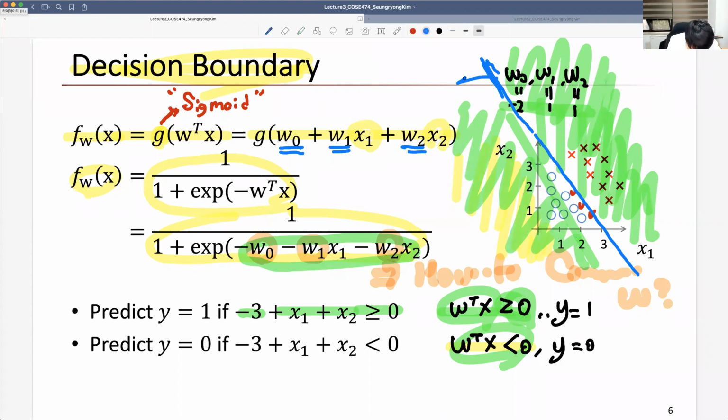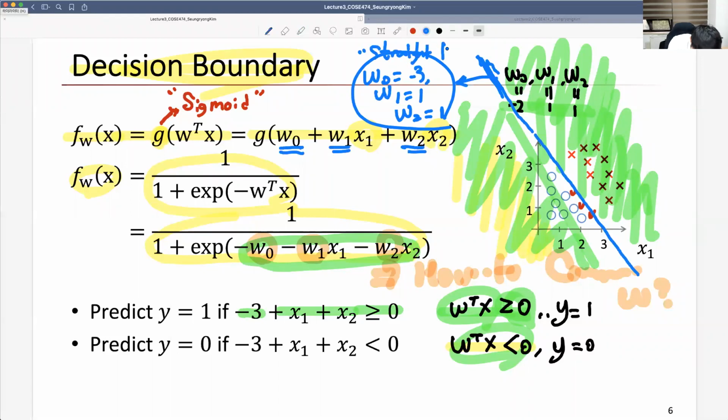In this case, W0 is equal to -3, W1 is equal to 1, W2 is equal to 1. This defines this mapping function, this straight line. So in this case, the parameters W0, W1, and W2 might be the solution of this classification problem, right?